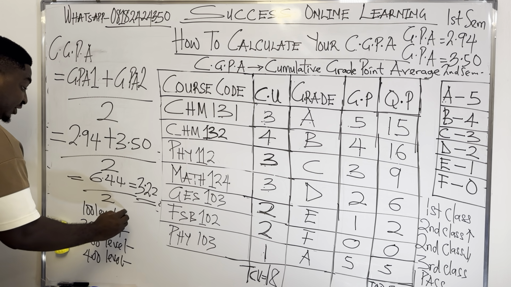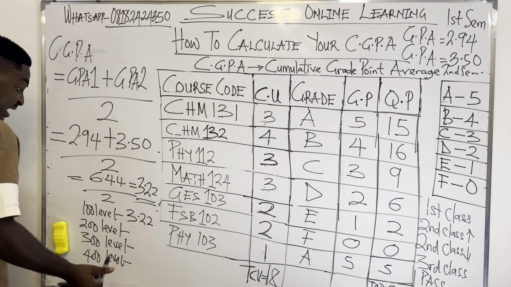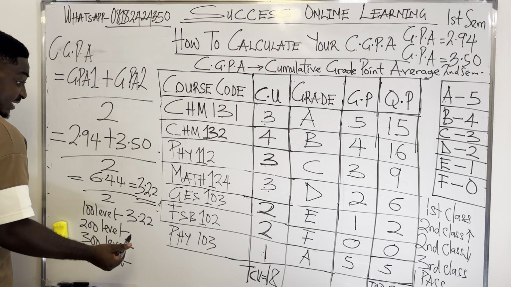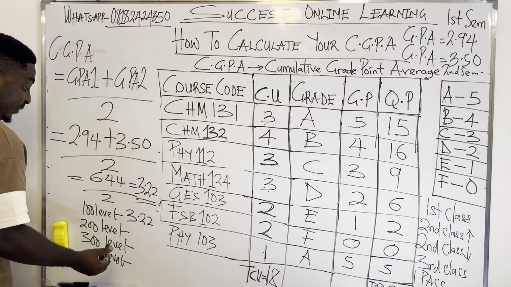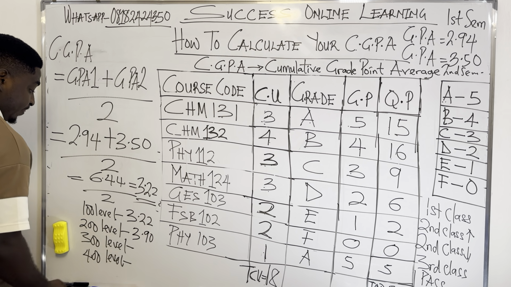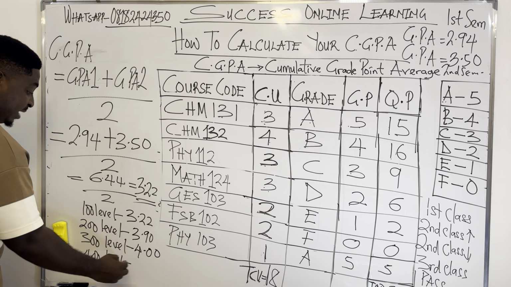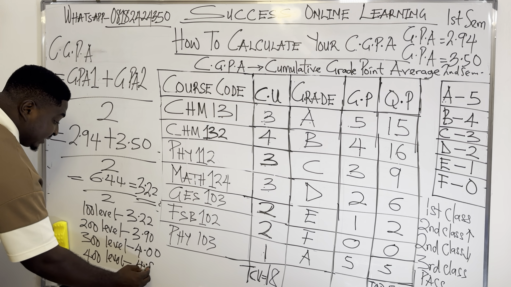So the 100 level CGPA for the student is 3.22. For the 200 level, since we know how to calculate it, we can just give it a hypothetical value. Let us say 3.90. The 300 level, the student did very well, 4.00. And 400 level, he did so well, 4.82.